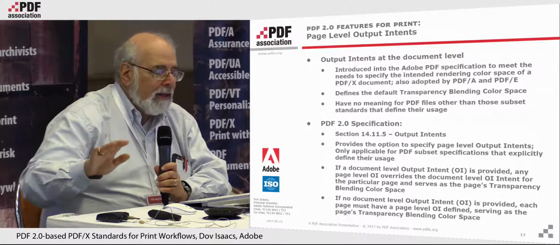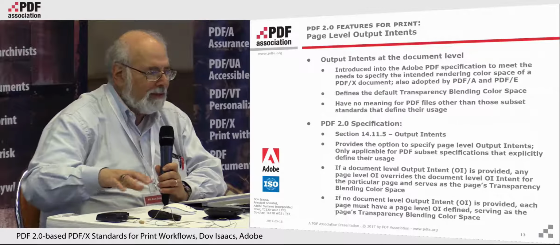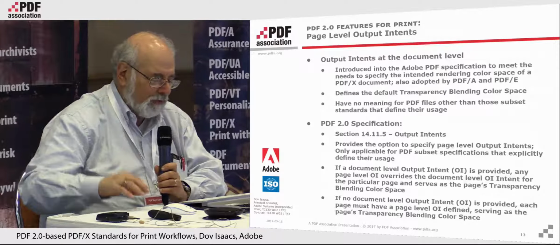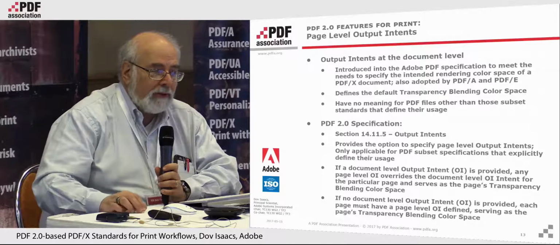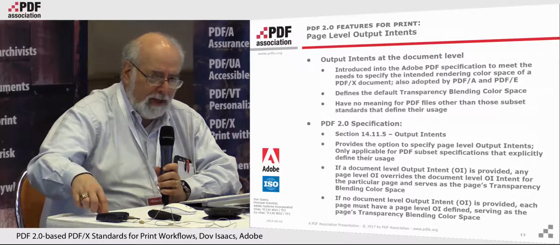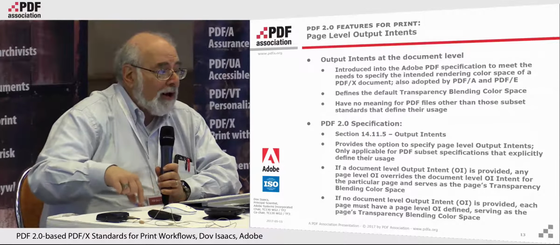In PDF 2.0, we added the capability of providing an output intent at the page level. So what that means is that if you have a document that requires an output intent, in other words, PDFX for the example, since that's what we're talking about, you either put an output intent at the document level, or you put one on every single page.